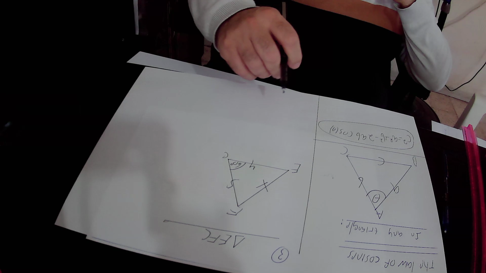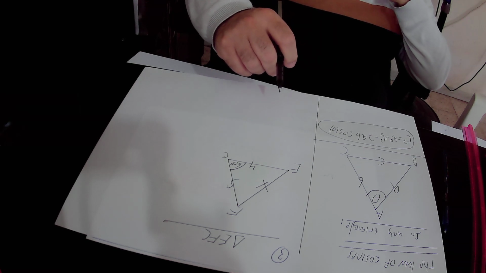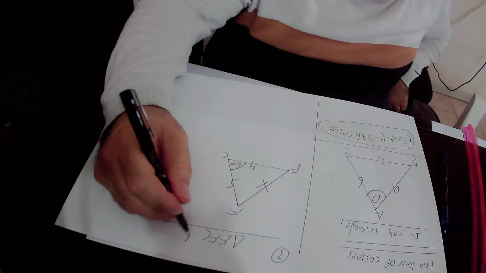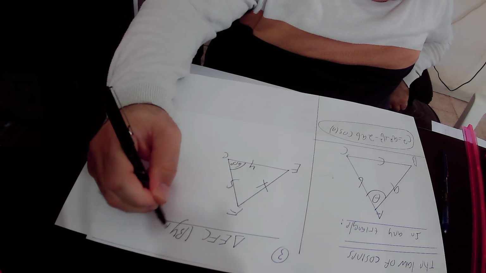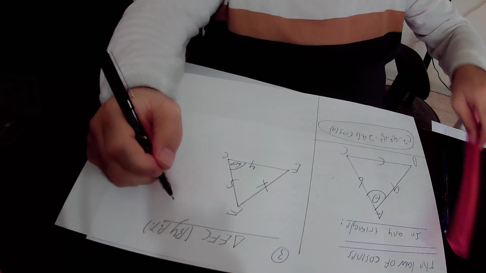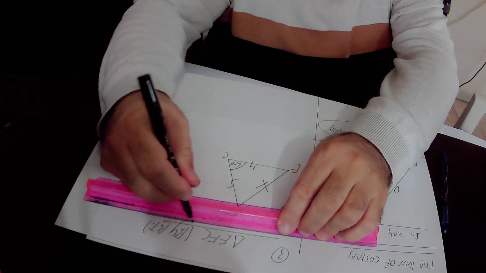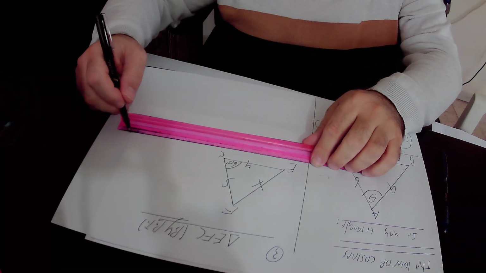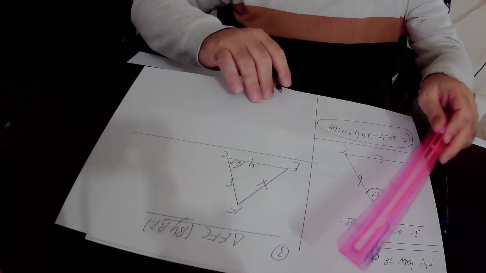Now we will implement the Pythagoras theorem in this triangle, triangle EFC. Here, PT is the abbreviation for Pythagoras theorem. According to the Pythagoras theorem, the square of the hypotenuse equals the sum of the squares of the perpendicular sides.